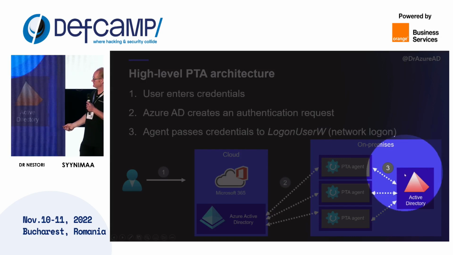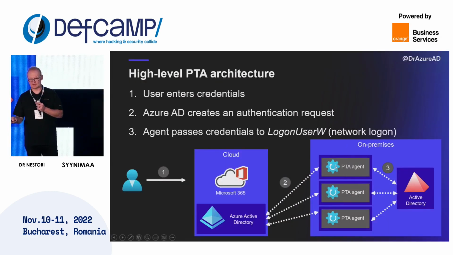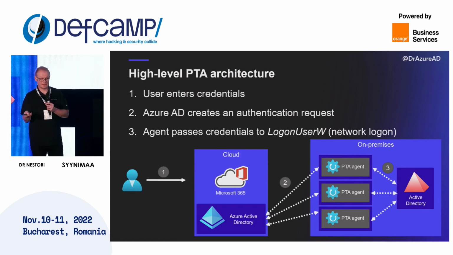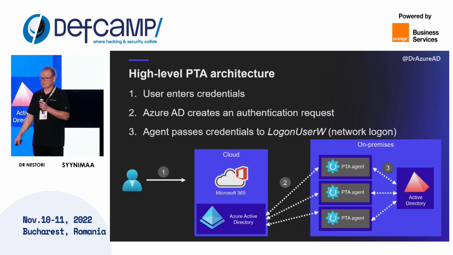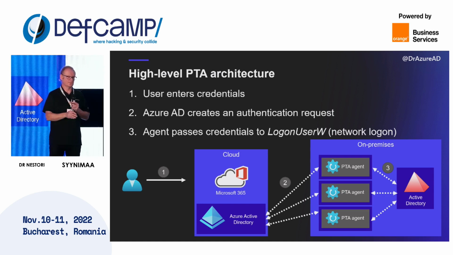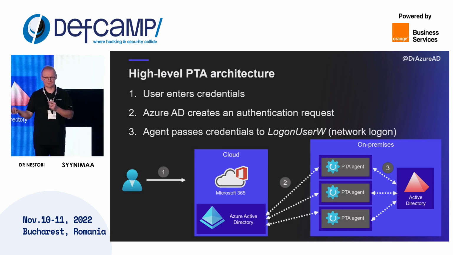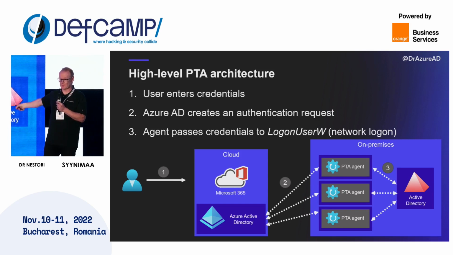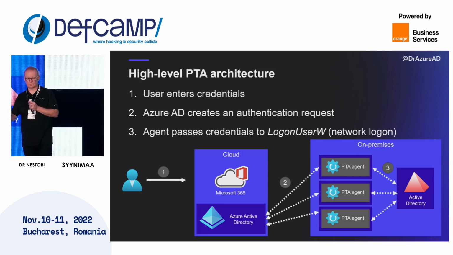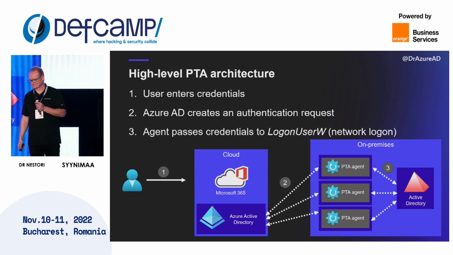Those credentials are encrypted, and the agent decrypts them. Then, the third part here, it sends those credentials to the System32 function called LogonUserW. Basically, it's trying to log in as that user, and that's when the agent is actually connecting to on-prem AD. Then it returns the results. So that's the high-level architecture, but now let's go into details.